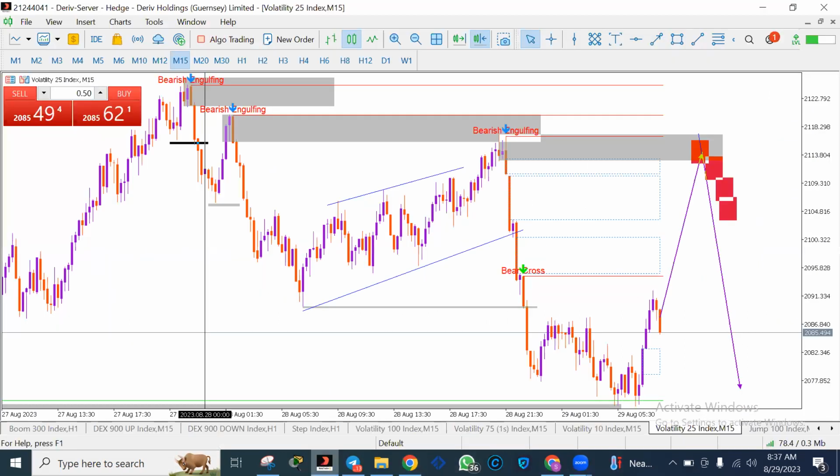On volatility, you need to watch, you need to confirm, you need to be sure that you have everything in your favor. You need to be sure that the market is going to go in your direction and you do not need that zone to be invalidated.